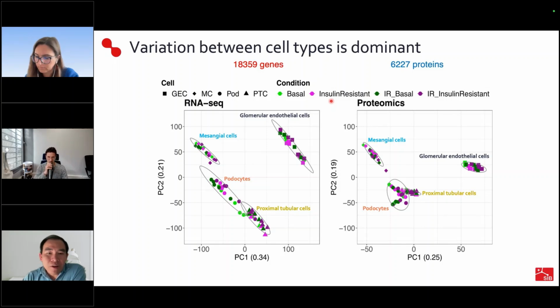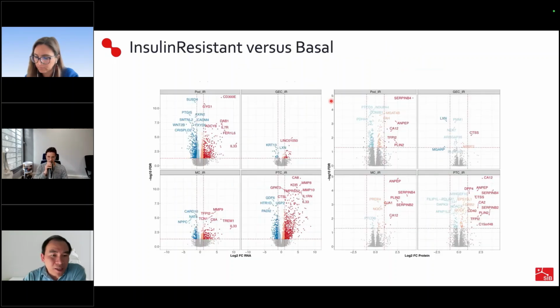So in each cell type separately, we perform a differential analysis, where we have genes and proteins here on the right side. This one is a volcano plot. You see the fold change, I mean the level of change between the two conditions, and the FDR, the corrected p-values that show the significance of the change.